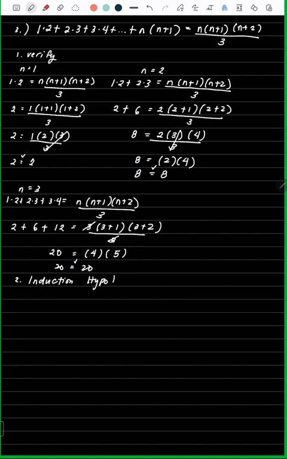Induction hypothesis. Again, this is the easiest because all we need to do here is to substitute all the n's with k's.